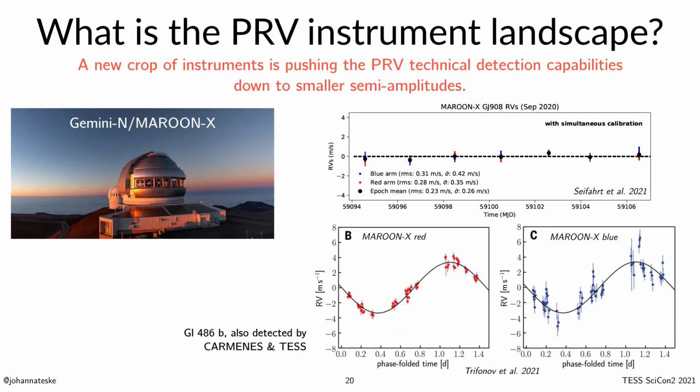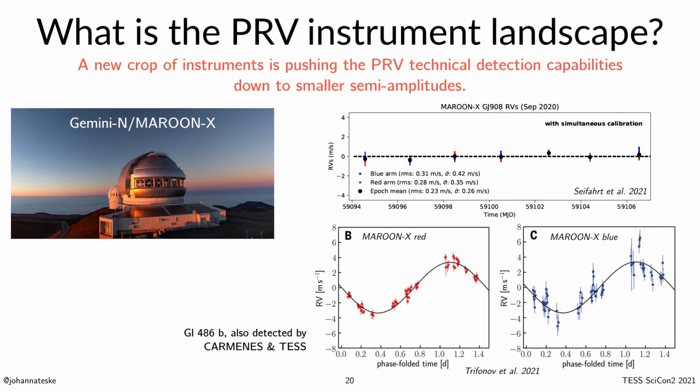Then on Gemini North, 8.1 meter telescope, there's MAROON-X, and the PI of this instrument is Jacob Bean. In these plots, a blue and a red arm, and the red arm is really designed to be optimized for observing M dwarfs.